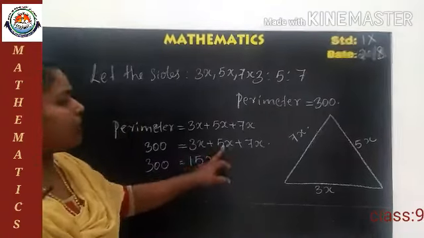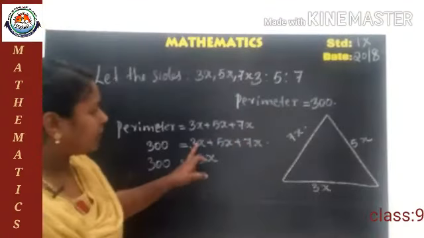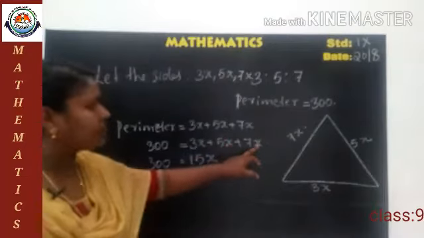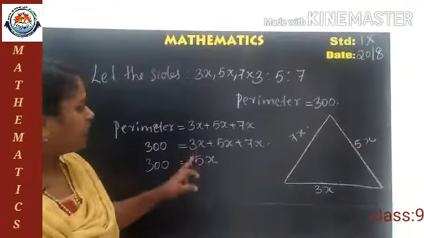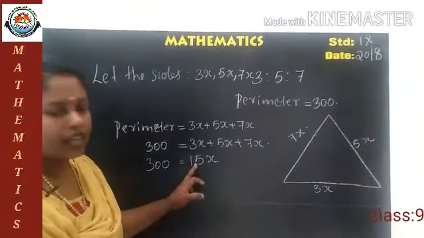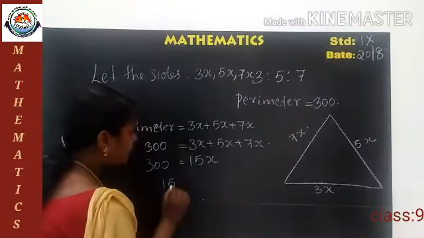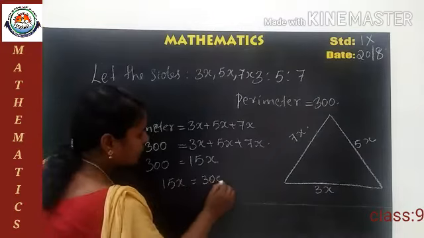3 plus 5, 8, 8 plus 7. Here 3x plus 5x plus 7x, we can add these three terms. Then its sum is 15x. That is, 15x equal to 300.